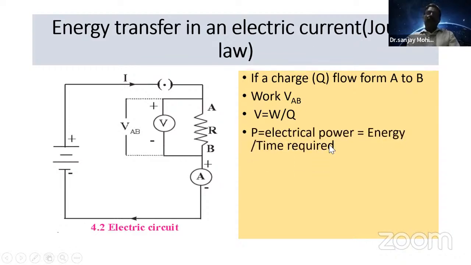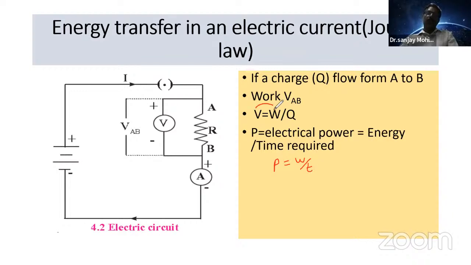P is the electrical power, and we know that the formula of power is P is equal to W upon T, because power is equal to work done upon time.